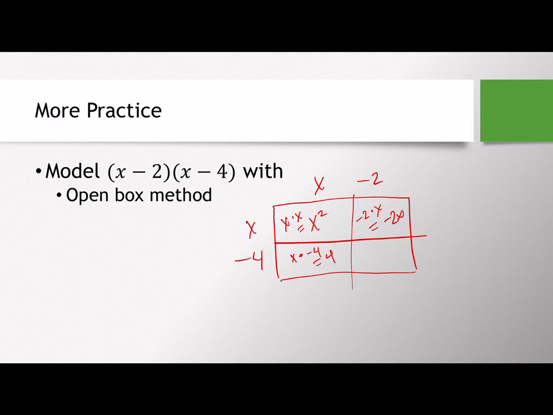And we have negative 2 times negative 4 equals 8, because negative times negative is positive. Our answer then is x squared minus 2x minus 4x plus 8, which is equal to x squared minus 6x plus 8.